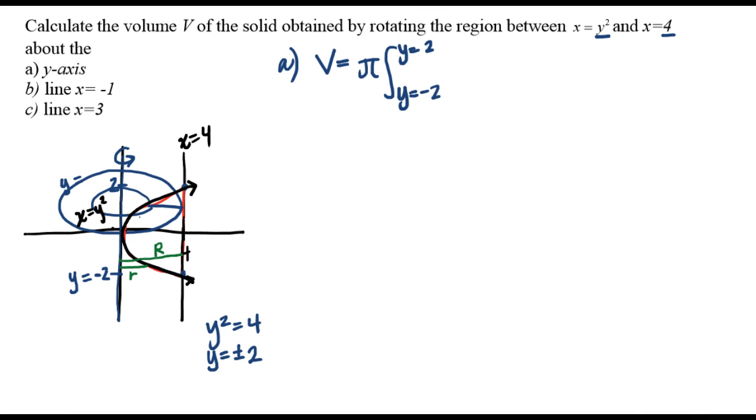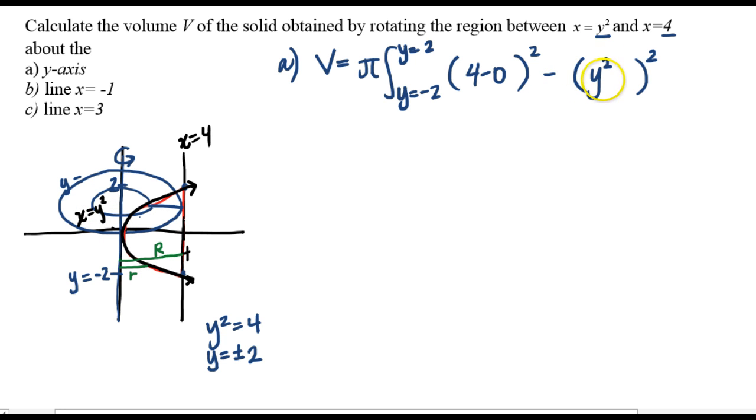So now what goes in my washer method formula is the big radius squared minus the little radius squared, and each one needs to be squared separately. So big R is right minus left, so 4 minus 0, and little r is right minus left, so little r, this curve here, is x equals y squared. So this is nice.